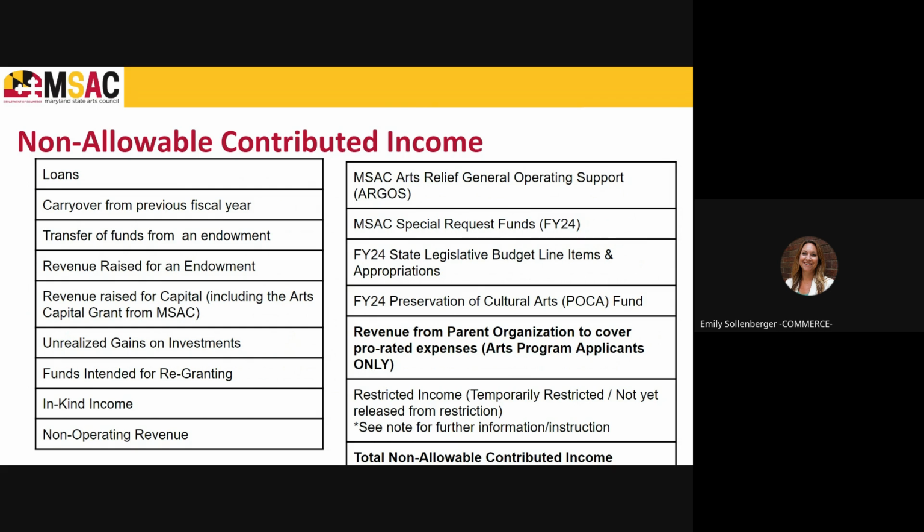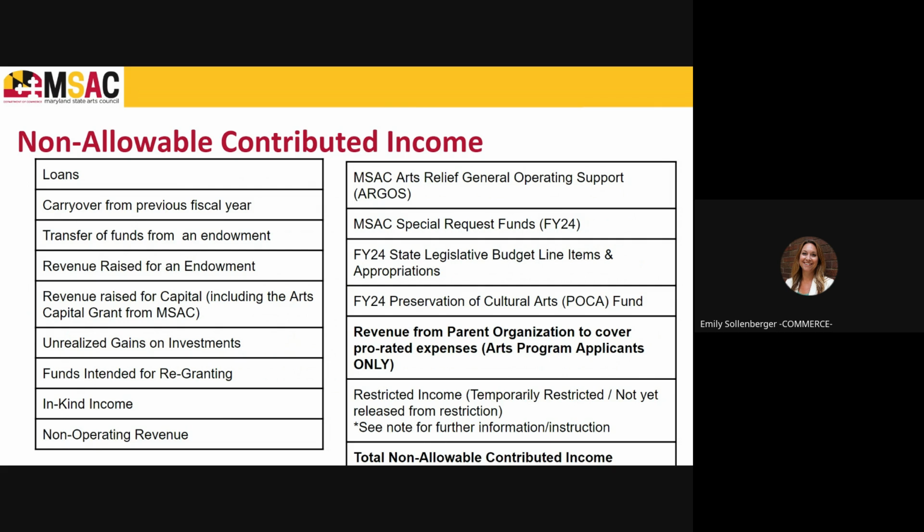It's certainly okay to have these sources of income. It's just how we have to divide up to determine funding. So you'll see there's a list here in 2 categories. So things like loans, carry over from a previous year, if you're transferring funds or raising funds for an endowment, any kind of capital funds are considered non-allowable because it's such a specific use and not part of your general operating.